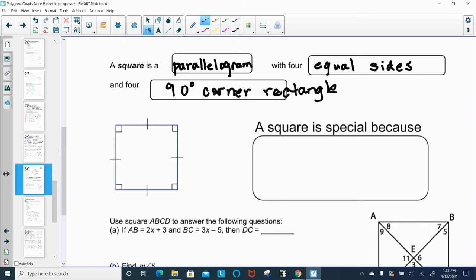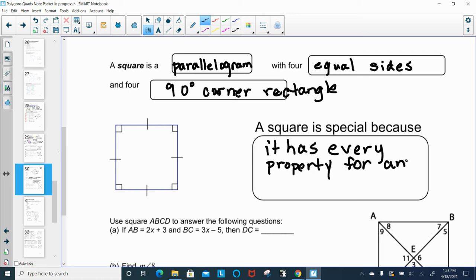And so a square is extra, extra, extra special because it has every property for any parallelogram. It has everything. Like if you can think of it for one of the other parallelograms, the square has it.